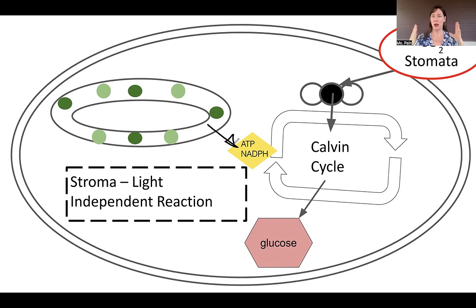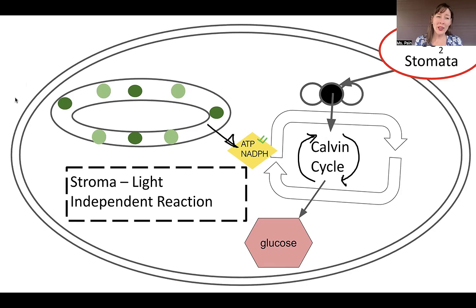So we go in that stroma, we open up that stroma, we get the carbon dioxide inside. The carbon dioxide comes inside and it goes through something called the Calvin cycle. And it's called a cycle because it's constantly moving. It's constantly being produced as long as there's energy. If there is energy, the Calvin cycle will continue.